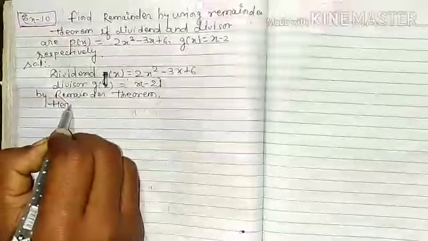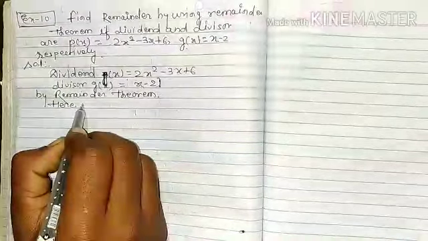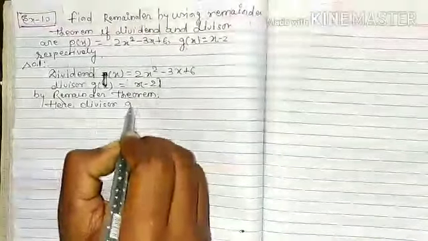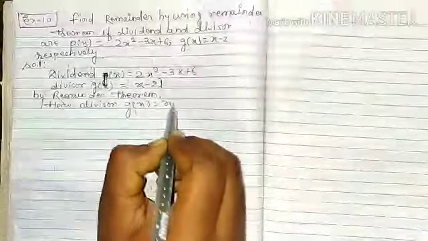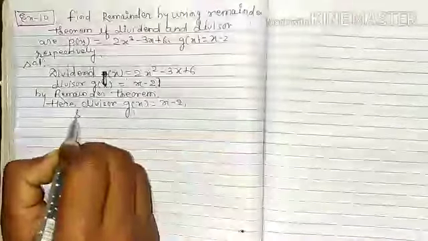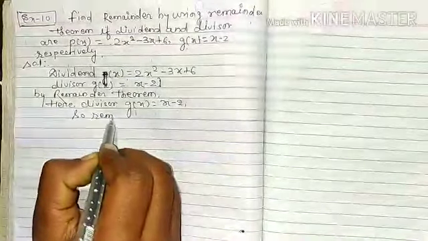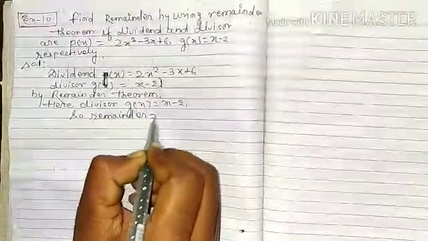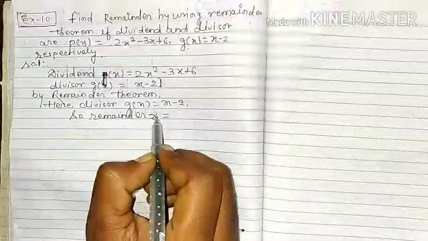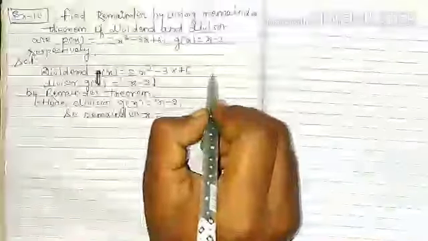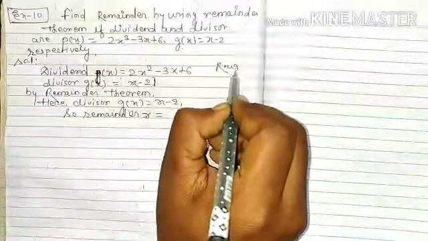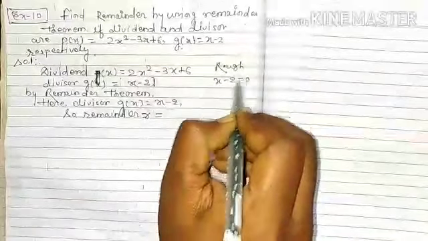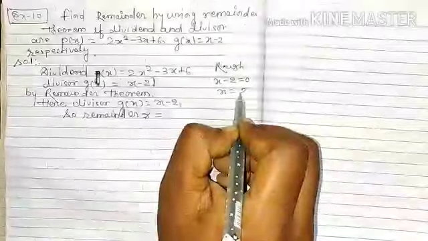By the remainder theorem, here the divisor g(x) is equal to x minus 2, so the remainder r is equal to... here take care, we equate the divisor x minus 2 equal to 0, so x equal to 2.